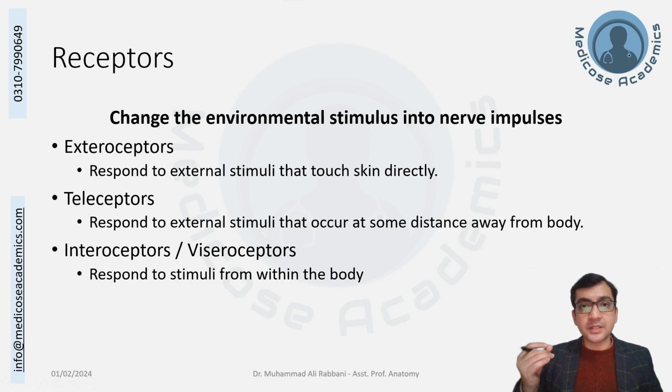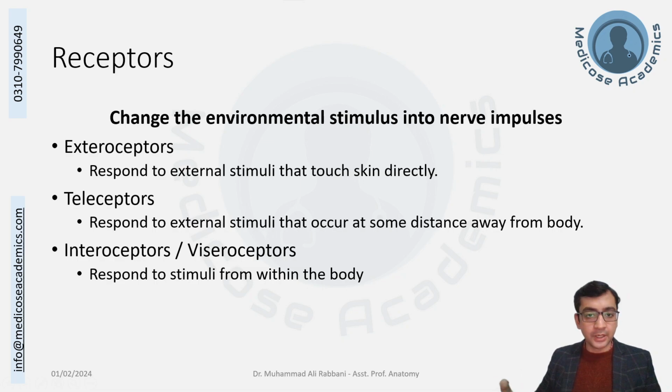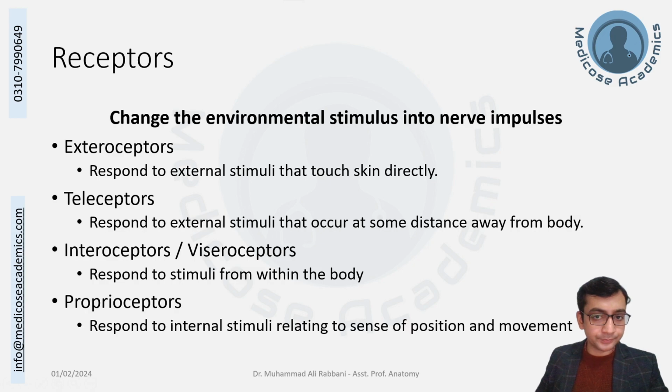This panic is the bells being rung by the chemoreceptors present inside the body, raising the alarm that the oxygen level is down and the carbon dioxide level is very high. And there are a number of receptors picking up the hormones, different ion levels, and oxygen and nutrient levels inside. And proprioceptors are a special type of interoceptors that respond to the stimulus related to position and movement.